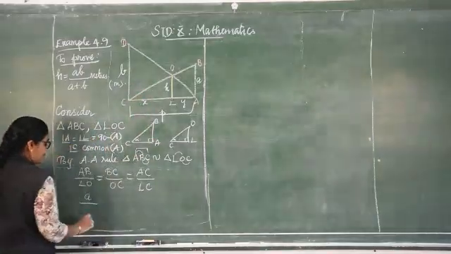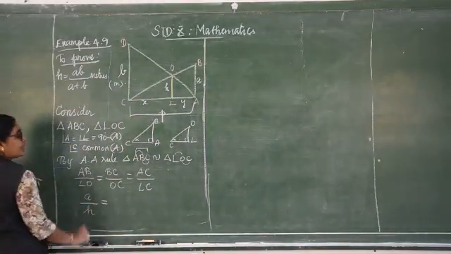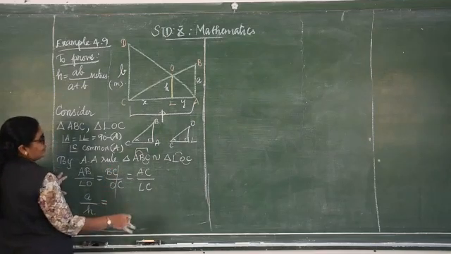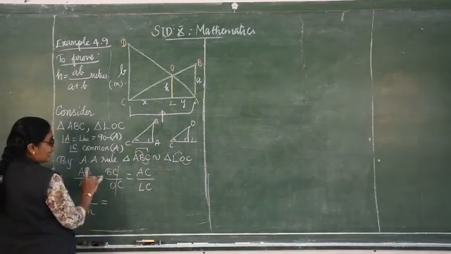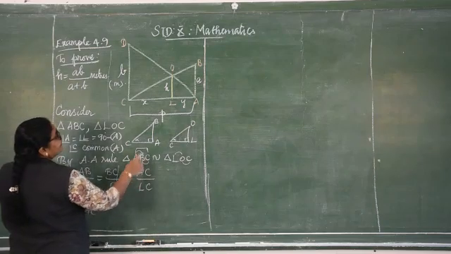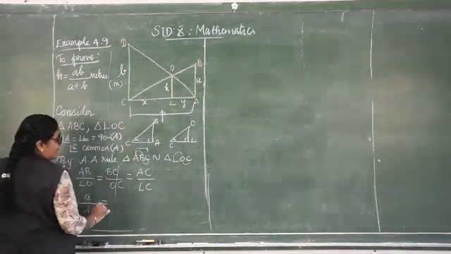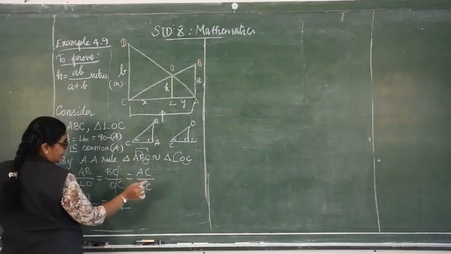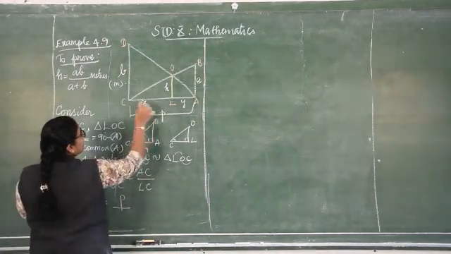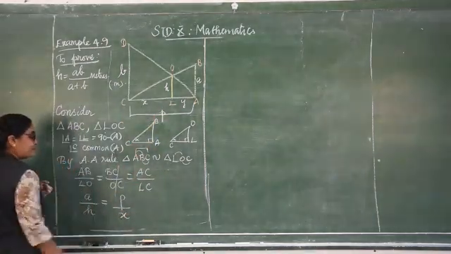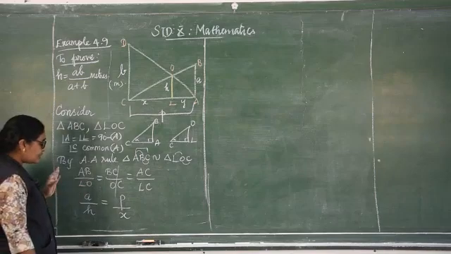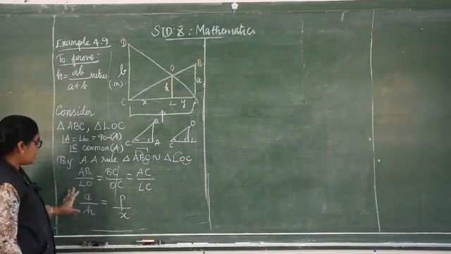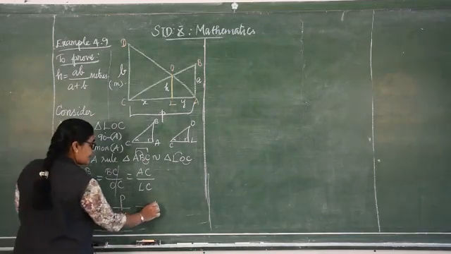LO is H. Then BC, do we know? We don't know. OC we don't know, that also we leave. I am not cancelling, we don't know, that is why I am neglecting that value. What is AC? AC is P. So P by, then what is LC? LC is X. Now bring any of the values separately. This is your first condition.